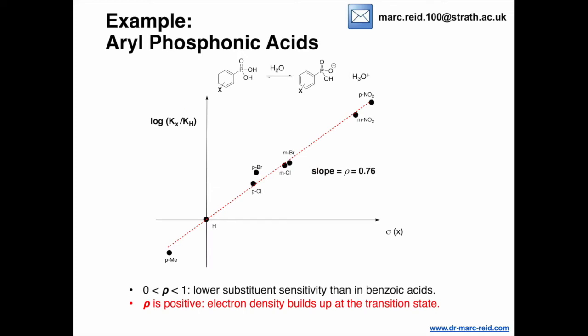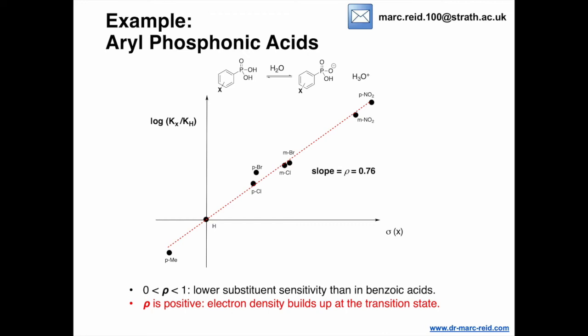First, let's consider the deprotonation of aryl phosphonic acids. Here we are considering the logarithmic relationship of the equilibrium constants for the deprotonation as we would for the reference reaction involving deprotonation of benzoic acids. Note that the deprotonation of benzoic acids is still the reference reaction in this case. When we plot this on the y-axis versus the substituent constants on the x-axis, we see a straight line with a gradient, a positive upward slope of 0.76.